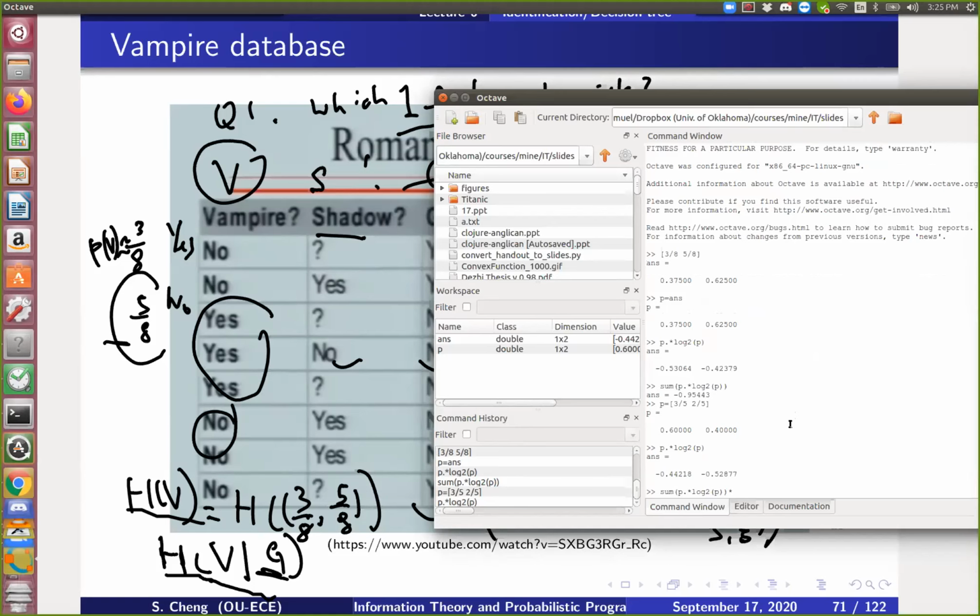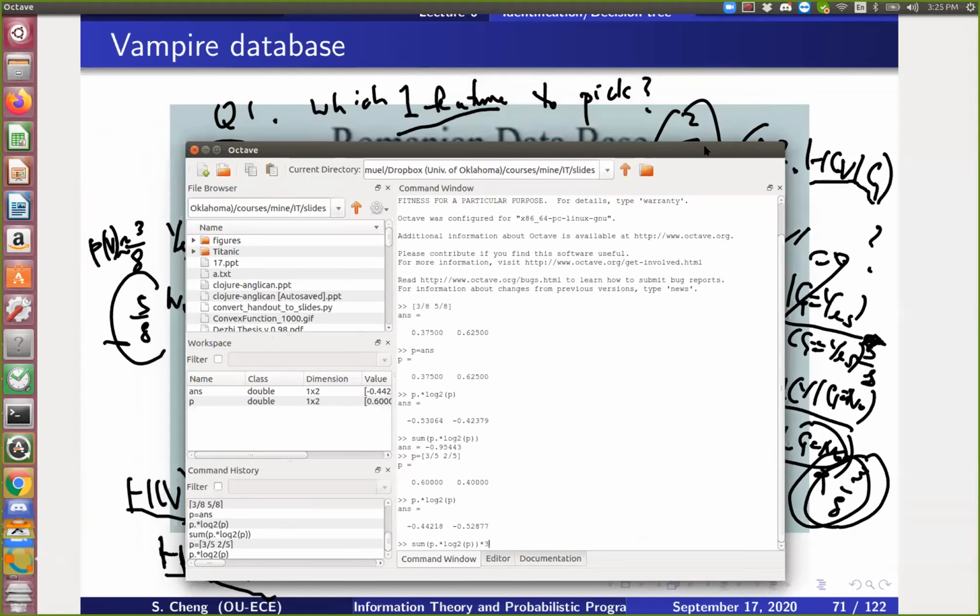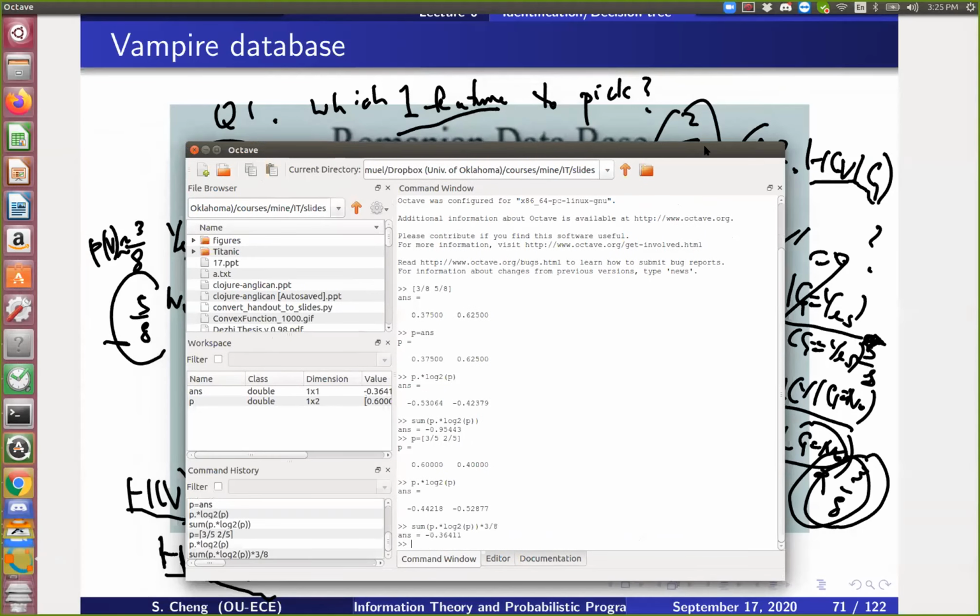And I need to multiply by what? 3/8. So of course, this minus 0.36 is correct. Some guys have 0.36 is correct.